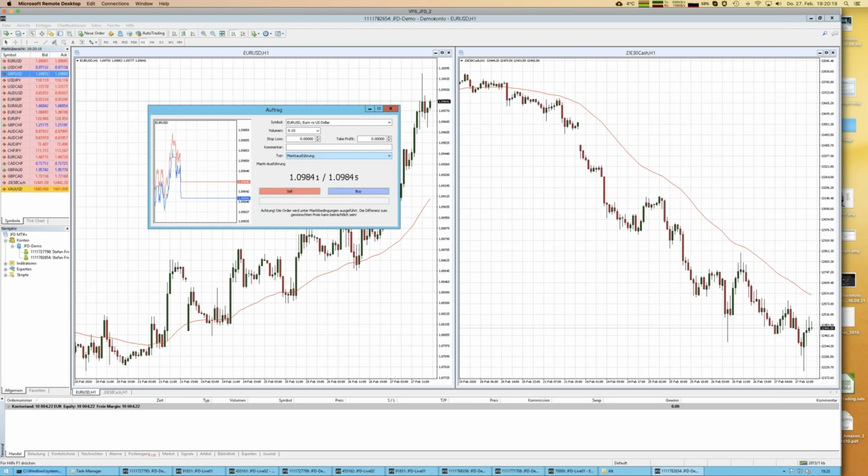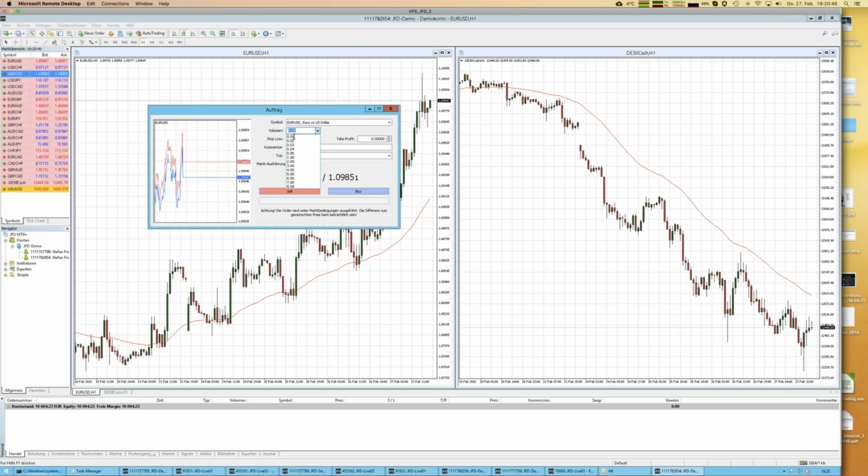You can do it right now, as we speak, or you can do other kinds of orders like sell limit, stop limit, and so on and so forth. But that's a little bit more complicated, so let's not do it right now. I just want to sell. First, look at the volume.